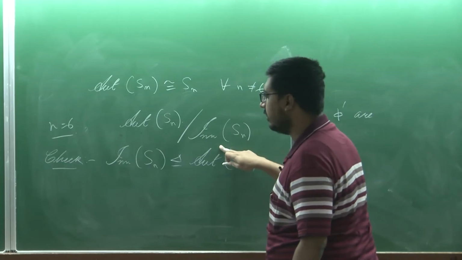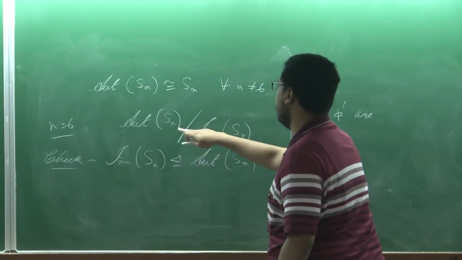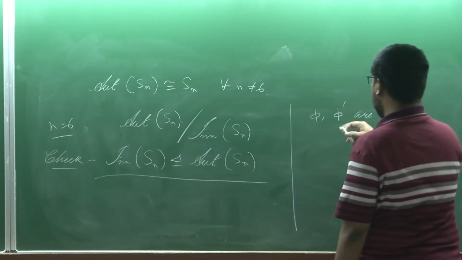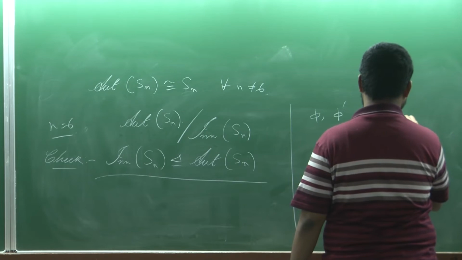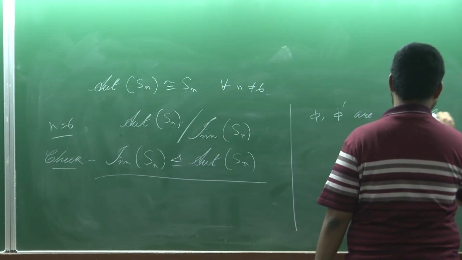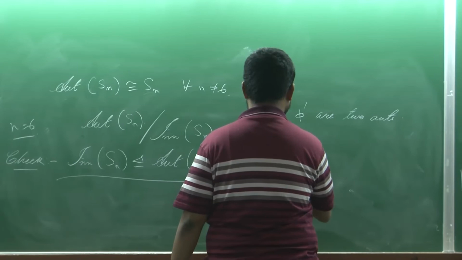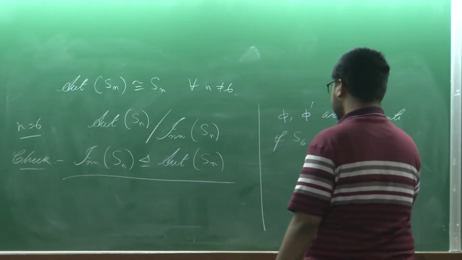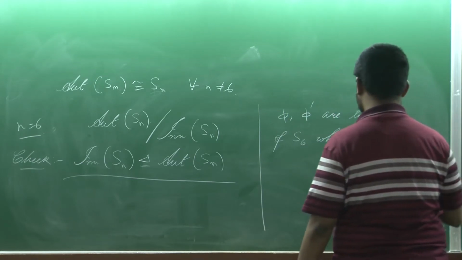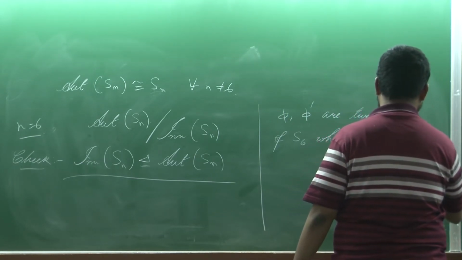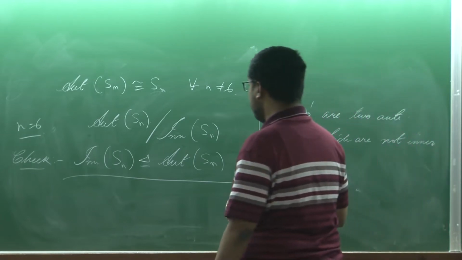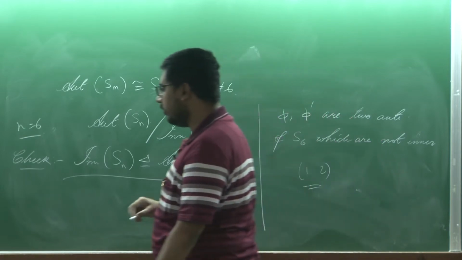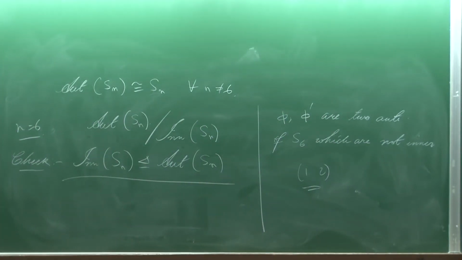When n is not equal to 6 this is trivial, and we want to know what happens with n equal to 6, but this is always true in general. Then what are the possibilities? Let us start with (1 2). What will be phi of (1 2)?